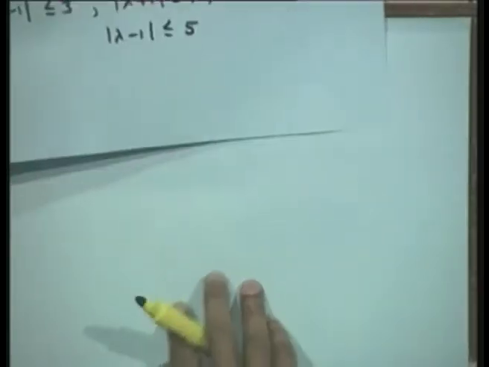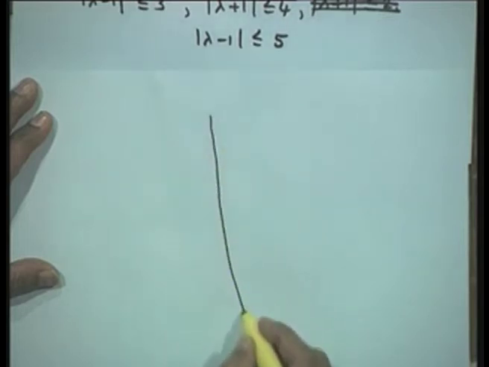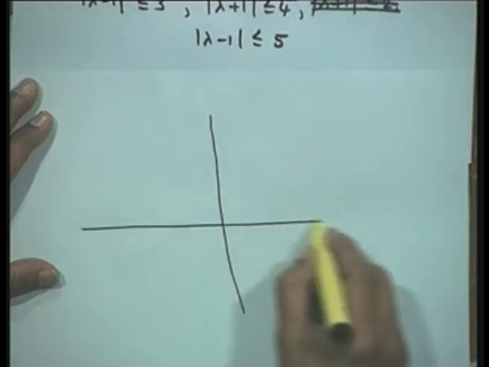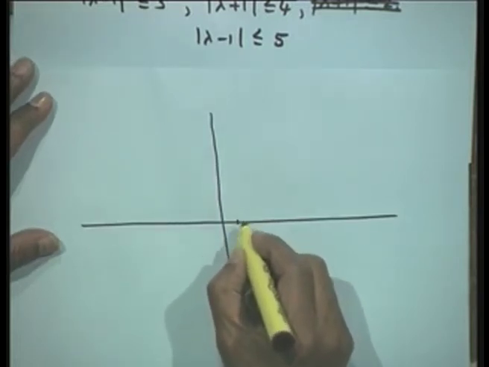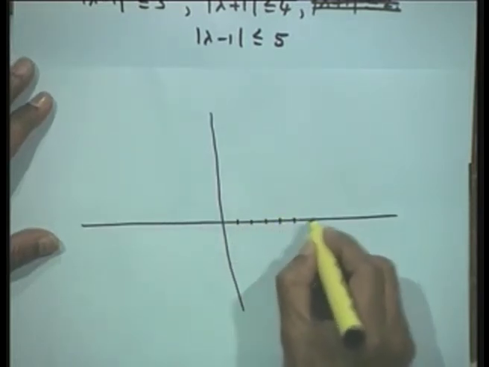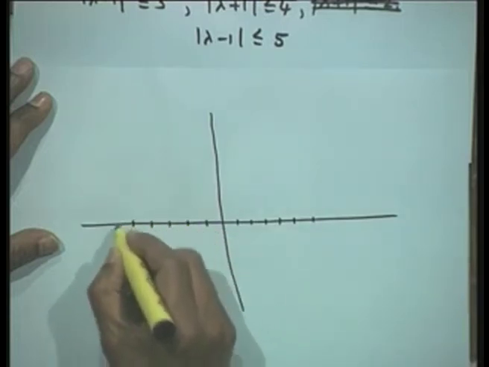Now, it would be interesting for us to look at how it is going to look. Let us draw a nice diagram of this one. Let us just make it very small, 1, 2, 3, 4, 5, 6 of them.